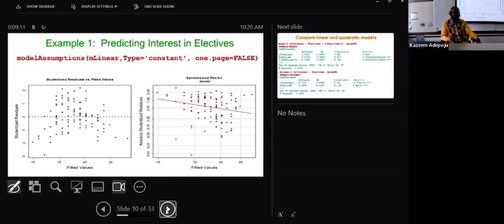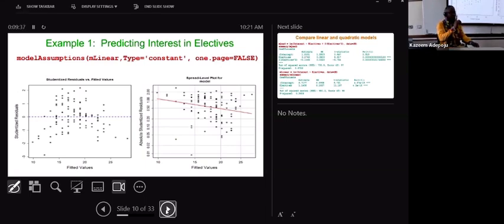I'm seeing the violations, and that is telling me I don't need a model with no bend. I need a model with at least one bend. If I want to try that, the very first model I'm going to consider is a quadratic regression, where I have one bend first.